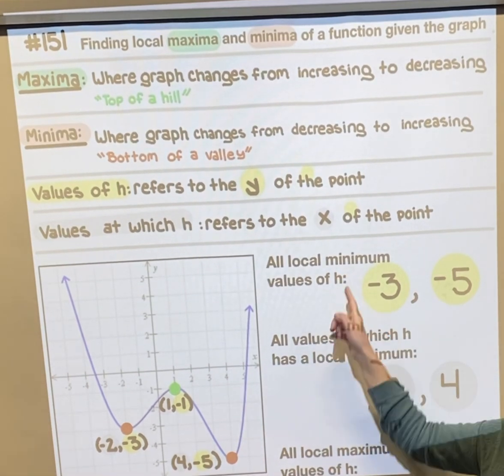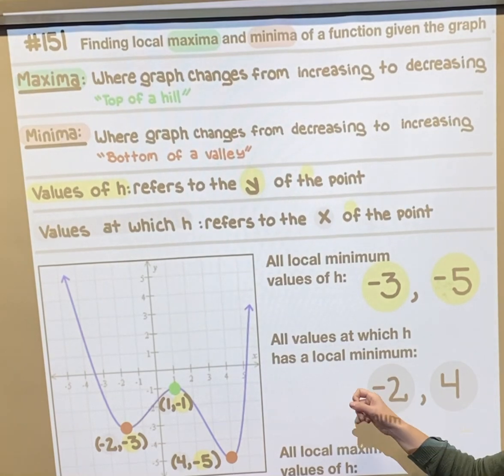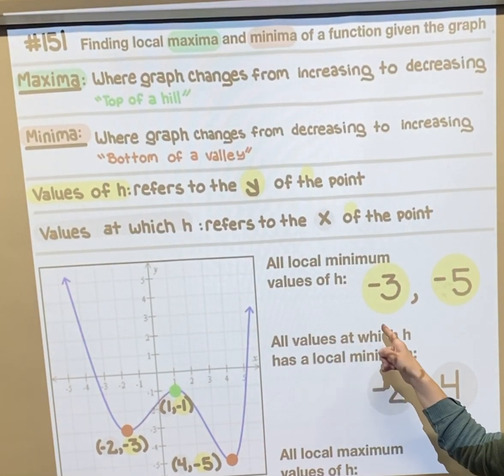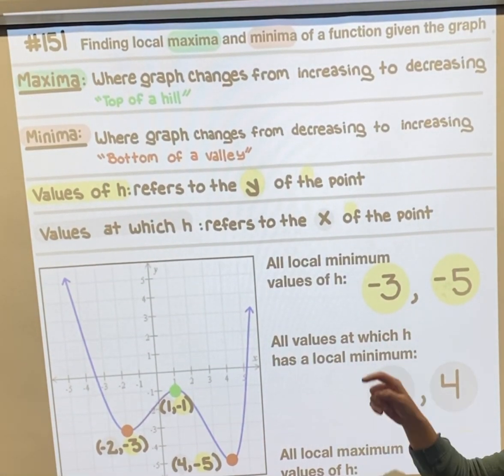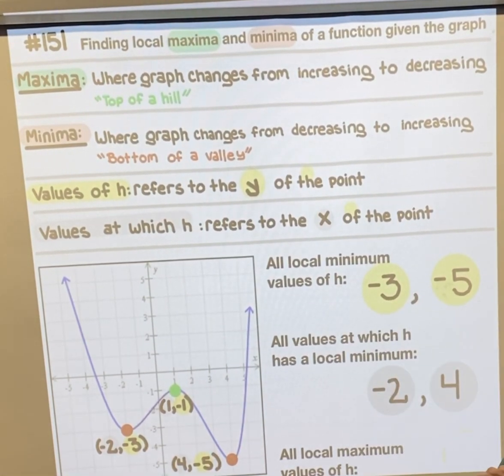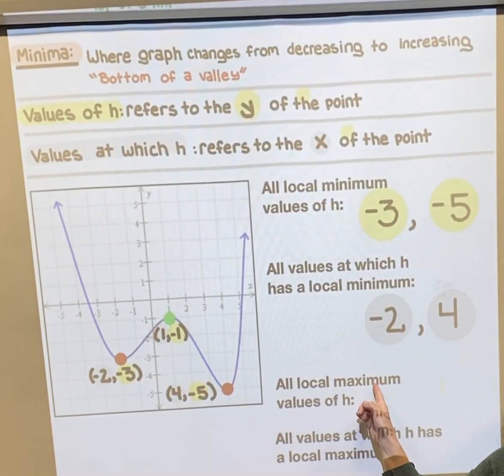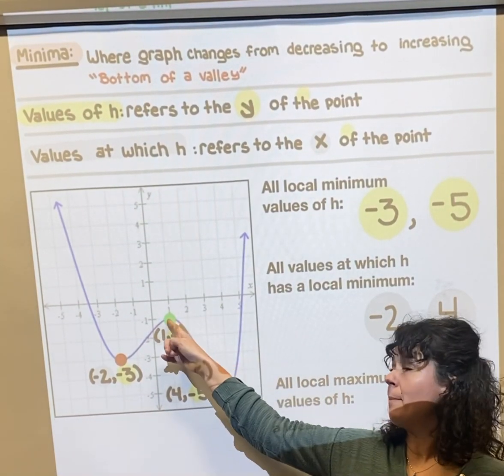But the values of H are the Y coordinates, and the values at which, those are the X coordinates that made that happen. So -2 and 4.